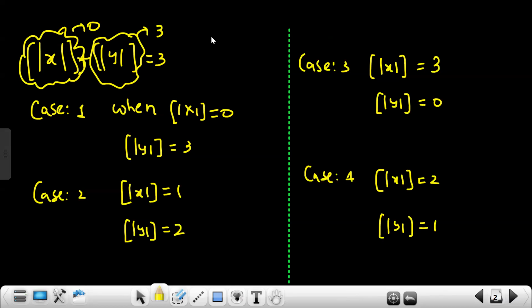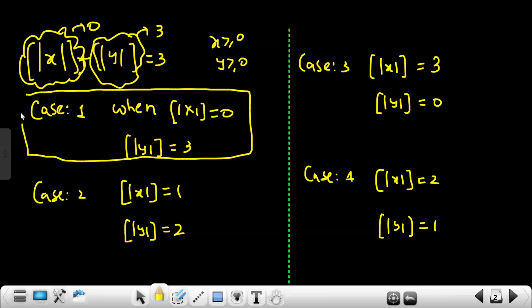So we are only considering x greater than or equal to 0, y greater than or equal to 0. For this we are getting four cases: 1, 2, 3, 4. As this graph is symmetrical about all the axes and the graph would be in all the quadrants, I'm solving only this case.